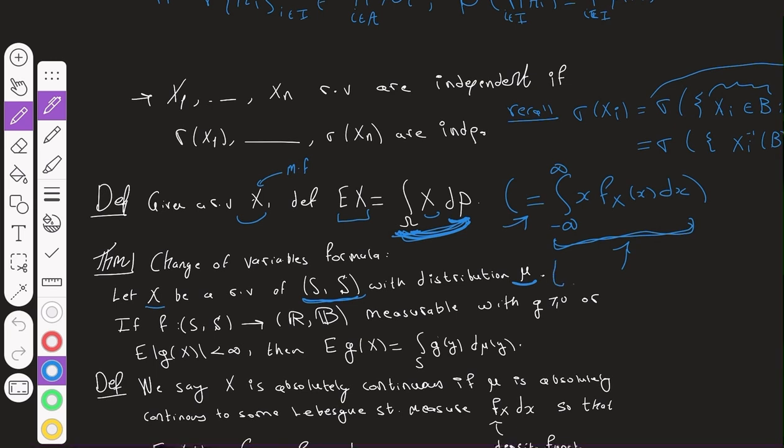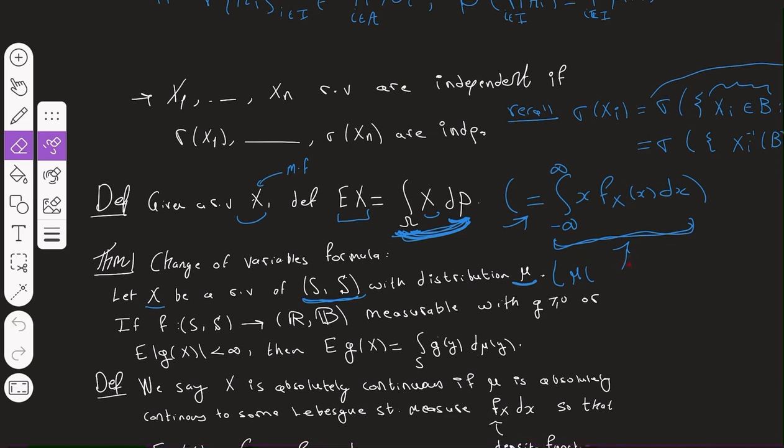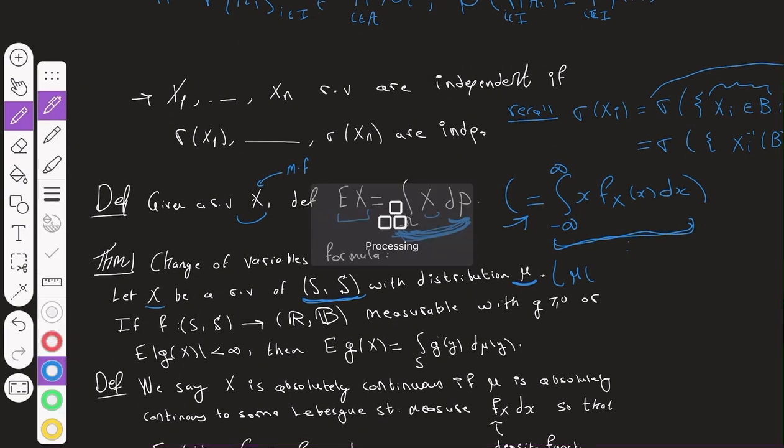It means that the measure of any set A is just the probability of the pre-image of A under X. This is what the distribution of X is.